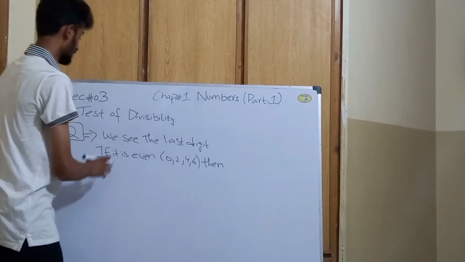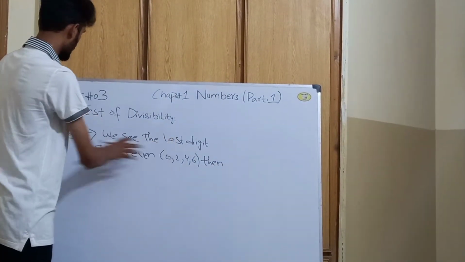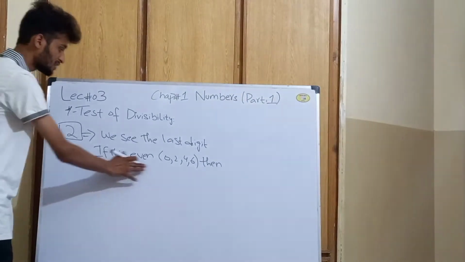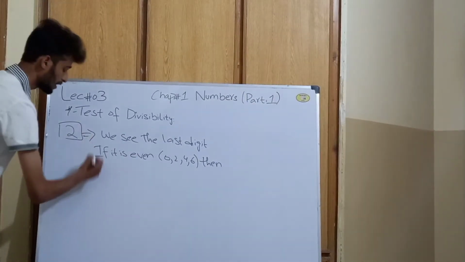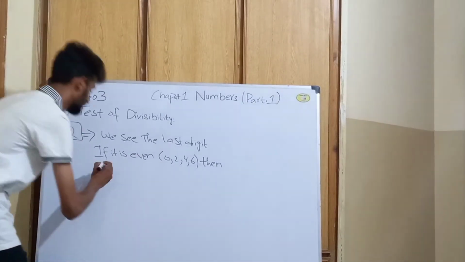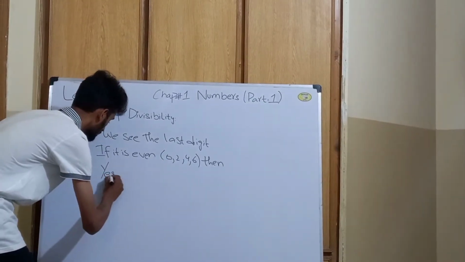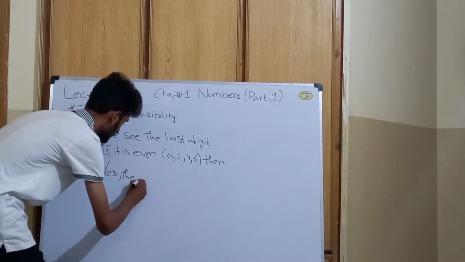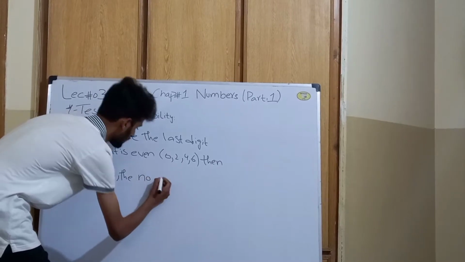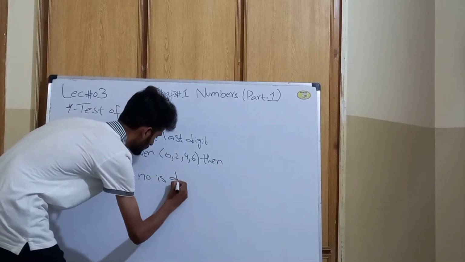Then we see the last digit in case of 2. If it is even, then yes, the number is divisible by 2.